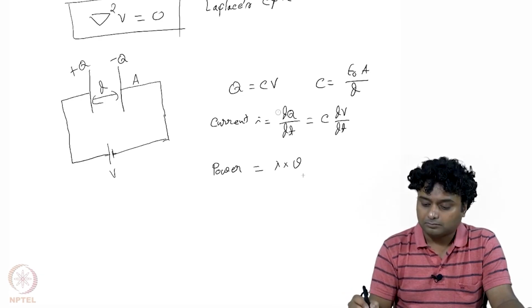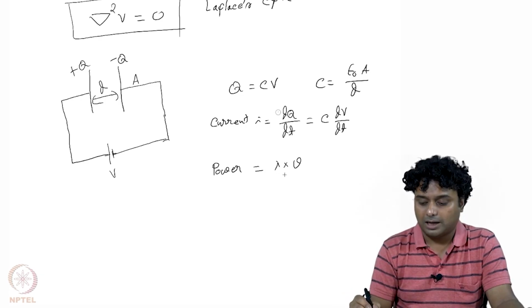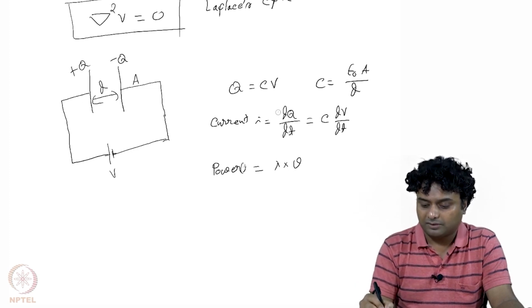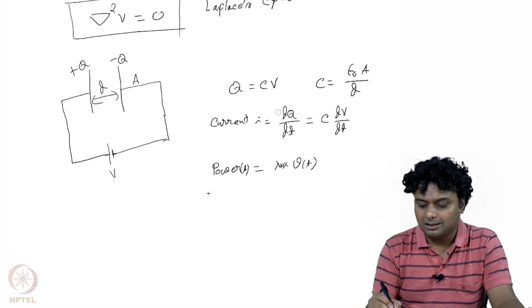Now this is the power. So at any point t, the power is a function of time, I is also a function of time, and the potential is also a function of time. Then what is the energy?